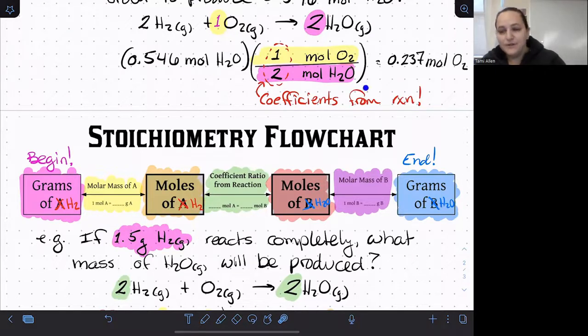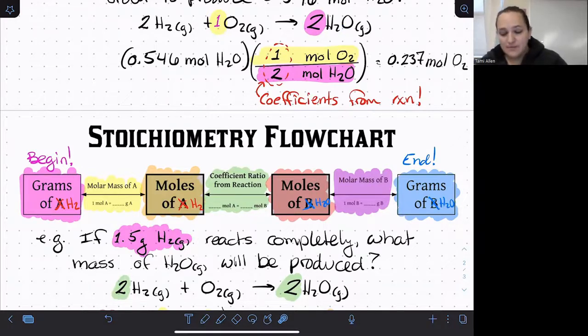And if you're looking at your units, it becomes obvious that you're starting with moles of H2O. So moles of H2O needs to go on the bottom in order for that unit to cancel out. And the 2 is attached to the H2O in your reaction. So wherever moles of H2O is in terms of the units in your unit conversion, that's where the 2 goes. The coefficient stays with its thing that it is the coefficient for.